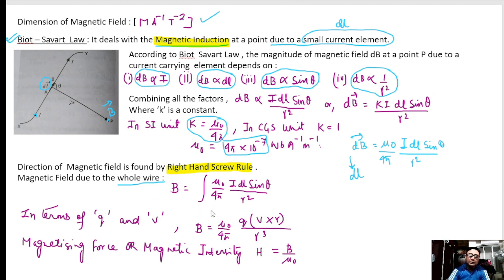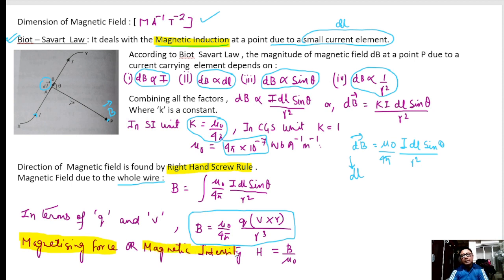If we write it in terms of q and v, please note this formula: magnetic field expression in terms of q and v, that means not in terms of I, but in terms of q and v. Now this is very important. That was the magnetic field, and now we want to find the magnetizing force, or magnetic intensity.